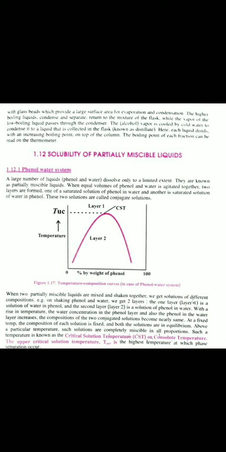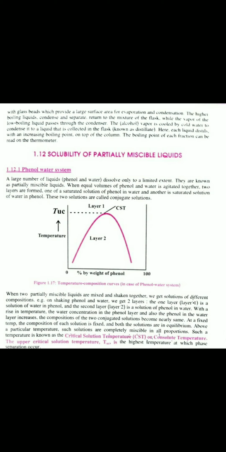Now the higher boiling liquid condenses and returns to the flask again, and the low boiling liquid vapor passes through the condenser. Now alcohol is cooled and collected into the round bottom flask, and the boiling point increases at the top of the column. So via this distillation process we get the alcohol from that alcohol water mixture.